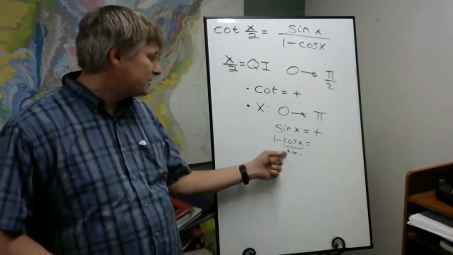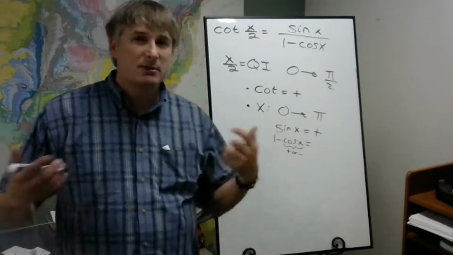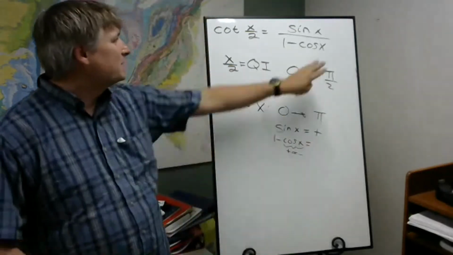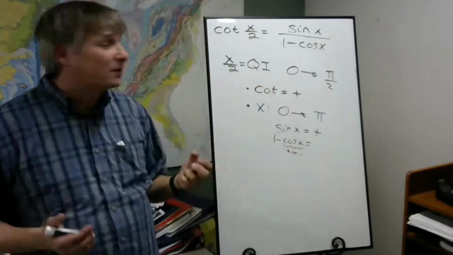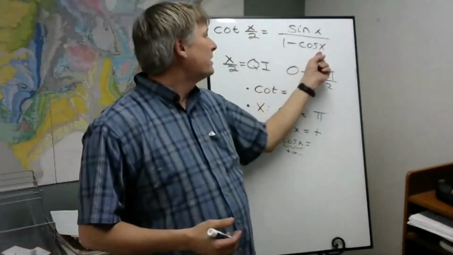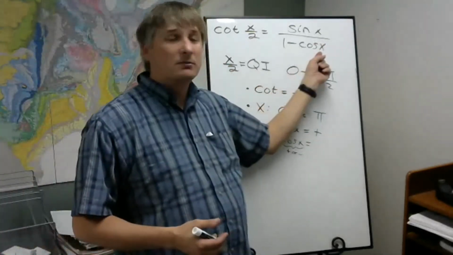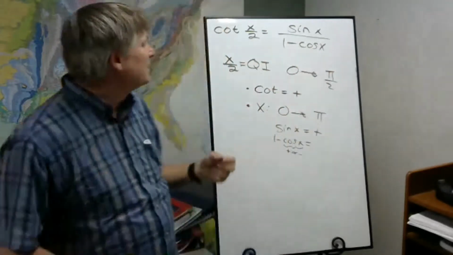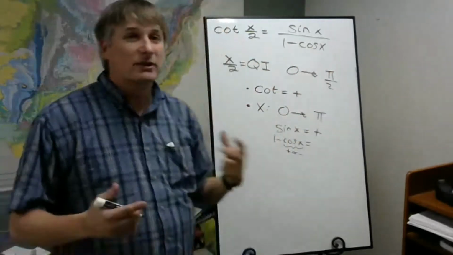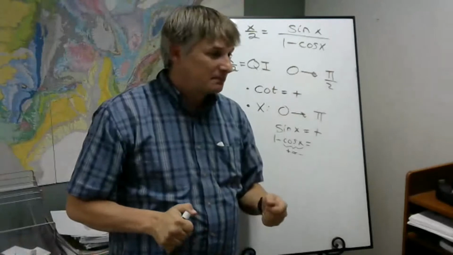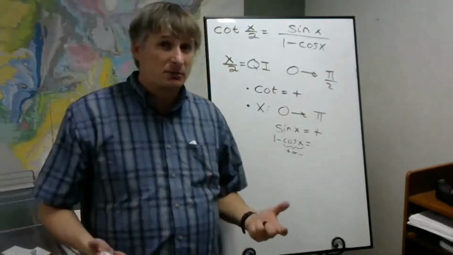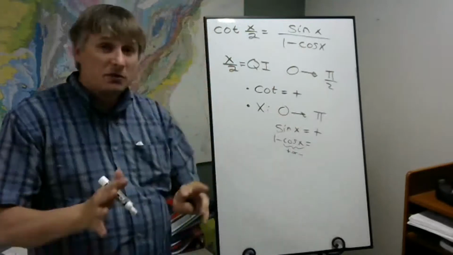If cosine is positive, 1 minus positive is going to be positive or 0. And we'd have to make sure that we have this defined so we don't get 0. For example, we would not want x to be 0, since cosine of 0 would be 1. And of course, with cotangent, you have to be careful because it has vertical asymptotes, so not all angles are permissible. But moving on.